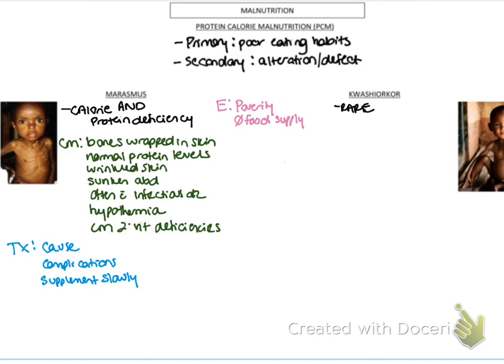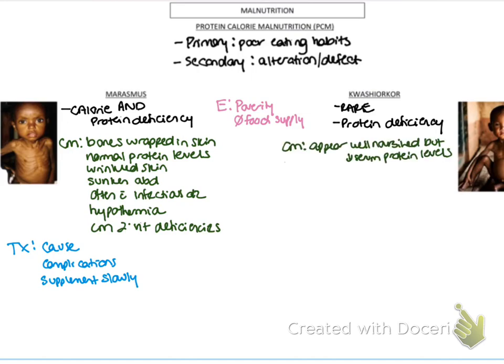All right. So Kwashiorkor is more rare, because this is where they have a sufficient amount of calories, but they're just not getting protein. A lot of times it's because moms are breastfeeding, and when they're breastfeeding, they get calories and protein from their mom, so they're doing really well.